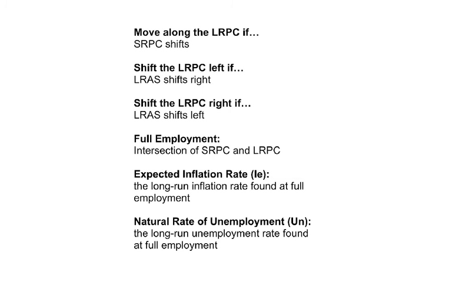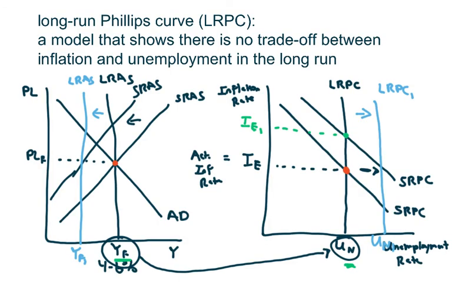The expected inflation rate is the long-run inflation rate found at full employment, so the intersection of SRPC and LRPC. And the natural rate of unemployment, we've already defined previously, is the long-run unemployment rate found at full employment, and we can show it where LRPC hits the x-axis.